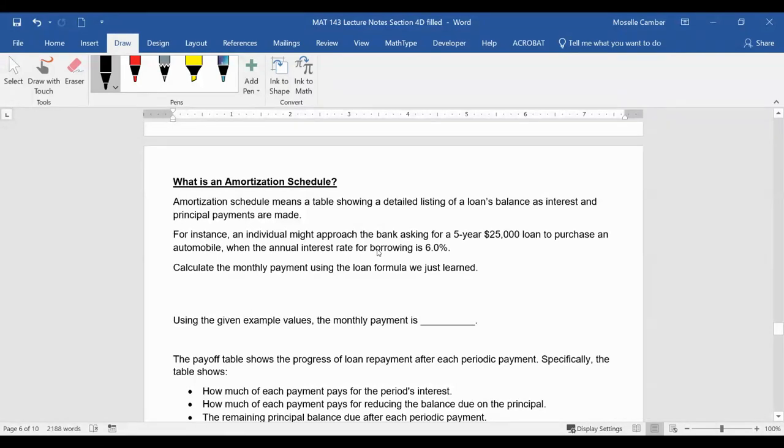We'll want a 5-year, $25,000 loan to purchase a car, and the annual interest rate is 6%. So let's calculate the monthly payment using the loan formula we just learned. So our principal is $25,000. My APR is 6%, so 0.06. We want to make monthly payments, so my N is 12, and we are doing this for 5 years. We want a 5-year loan.